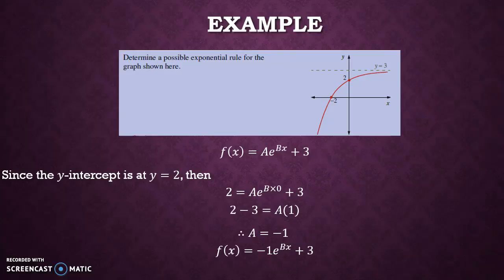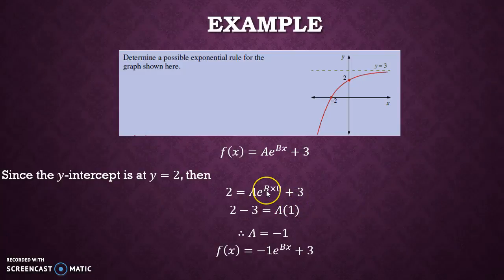The second one we're going to look at is the y-intercept. So we know that when x equals 0, y equals 2. All we do is substitute those 2 values, 2 and 0, into our equation. So when y equals 2, that equals a e to the power of b times 0, plus 3.